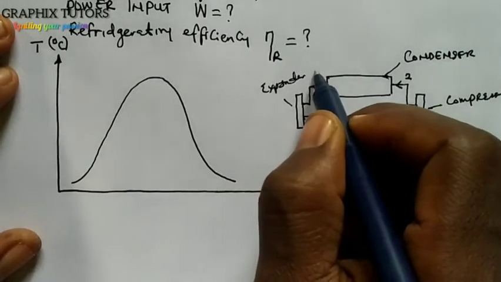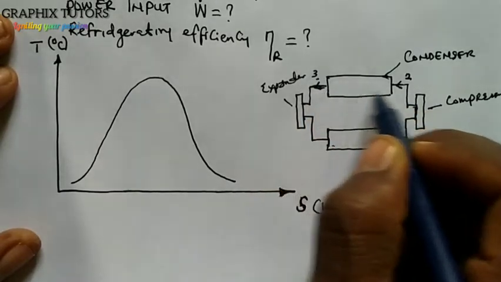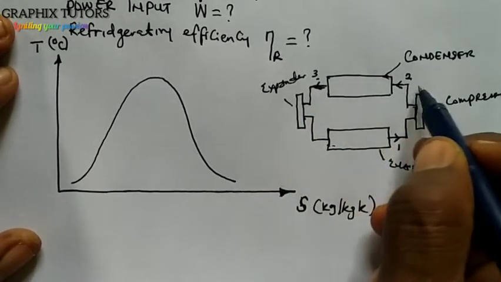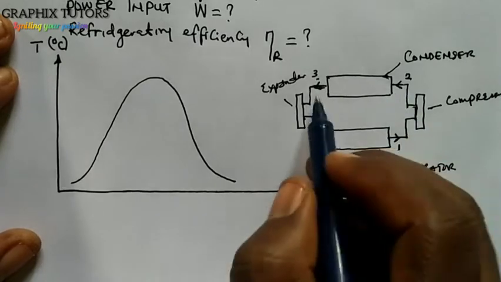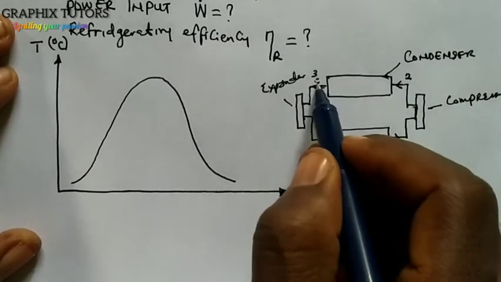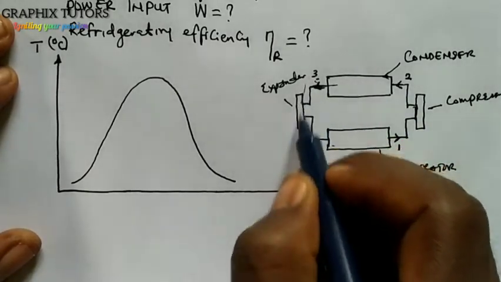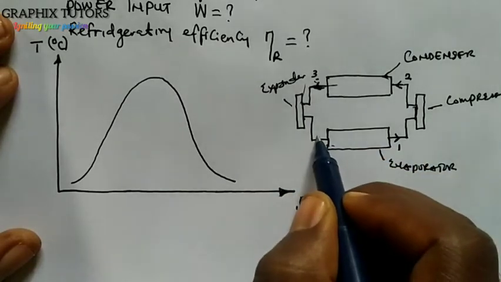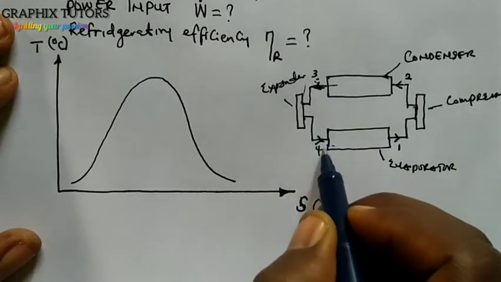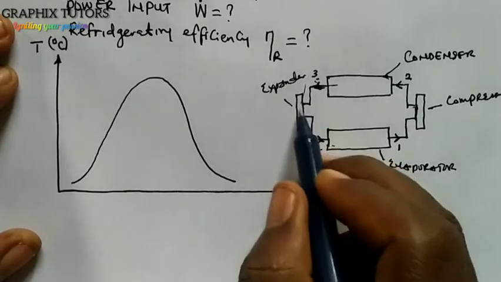The exit of the compressor is the entry of the condenser. Then state 3 is the exit of the condenser, which is also the entry of the expander. Then we have state 4, which is the entry of the evaporator, which is also the exit of the expander.